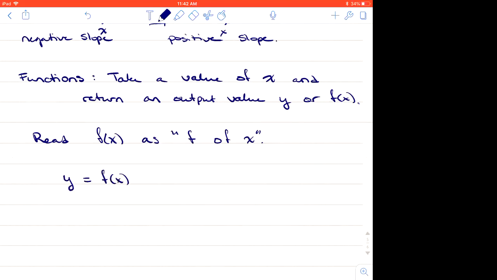Y is a function of x. So y and f of x are going to be interchangeable. It is going to be the same as mx plus b. Why are there brackets around the x? Because it's f of x.